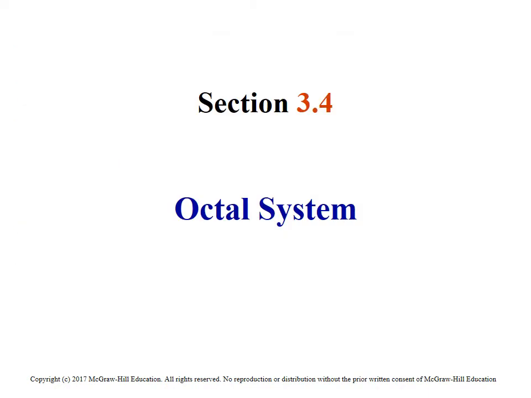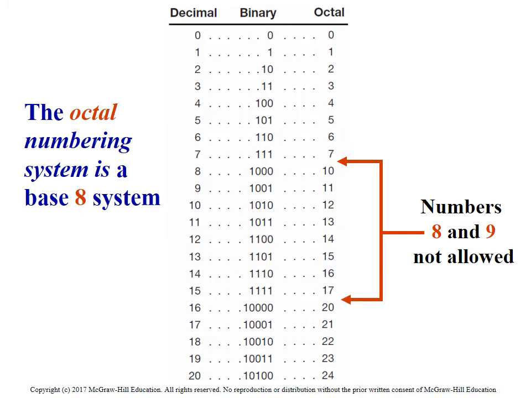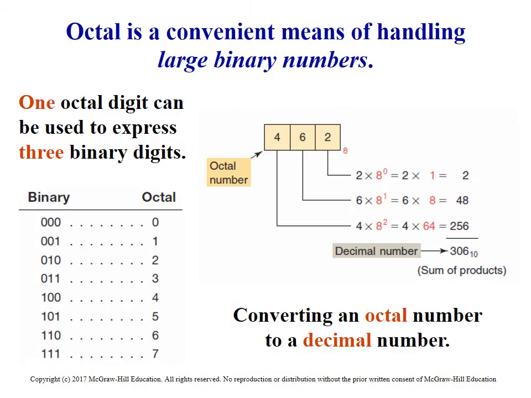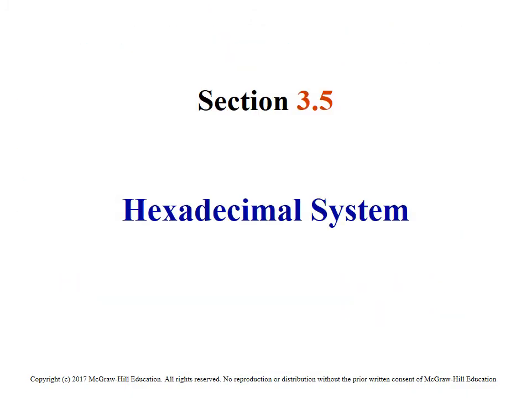We don't really get into too much of that. And I'm going to pass on the octal system because we do not really work too much with that. So as you can see here, octal goes 0 through 7, and then 10 through 17, 20 through 27. That's just a silly numbering system that nobody uses anymore. So I don't see a value in it. So I'm going to jump through that.